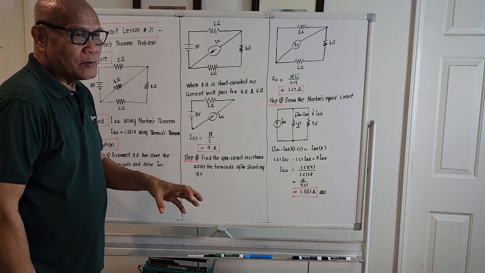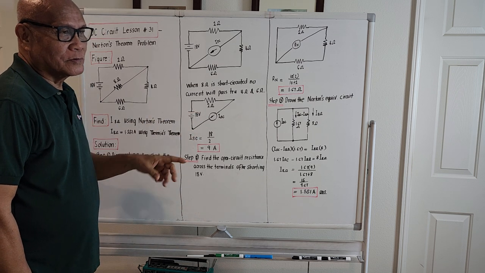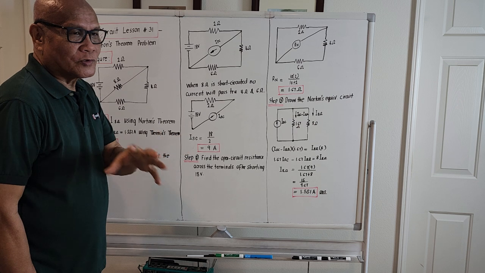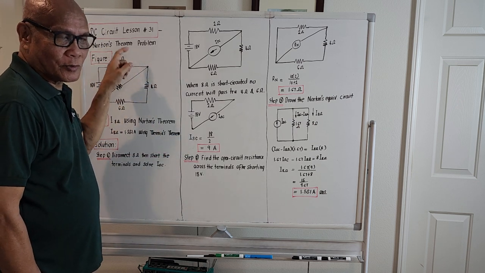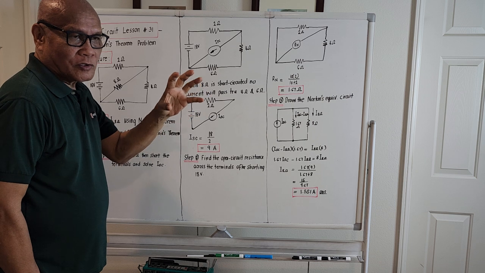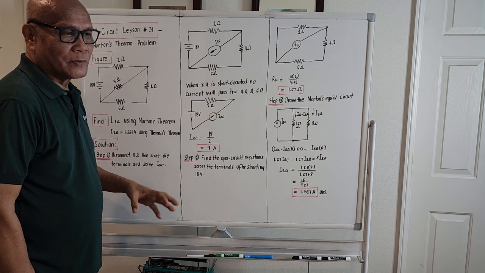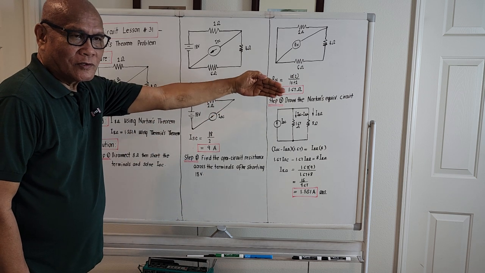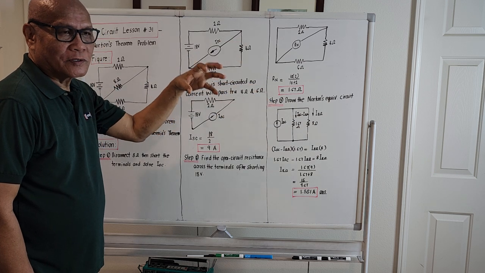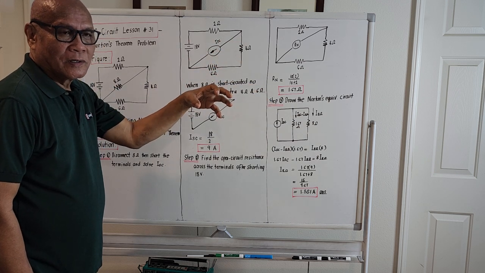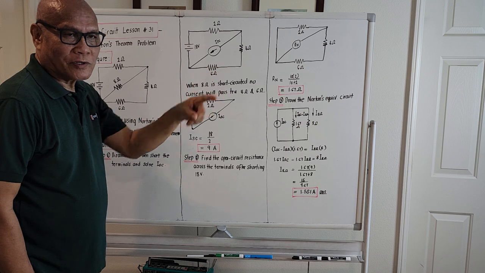So we are now on marathon solution number 2, which is Norton's theorem. We will be solving the same problem. The first time around the solution was Thevenin's. So for tonight, I will be presenting the Norton solution, and the answer is supposed to be the same.